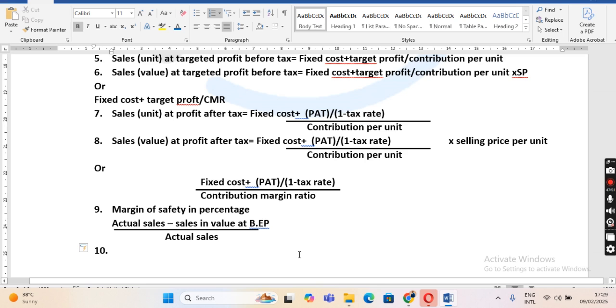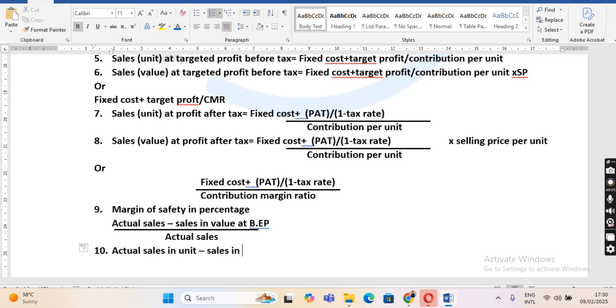Margin of safety in units is actual sales in units minus sales in units at BEP. Which means the sales in units you calculated at BEP, you put it here. Your actual sales in units minus the sales in units will give you your margin of safety.